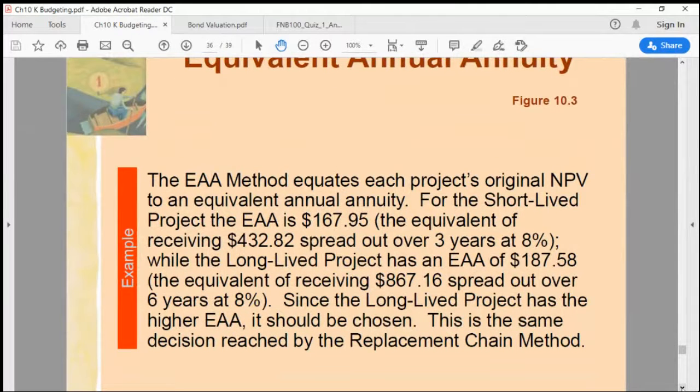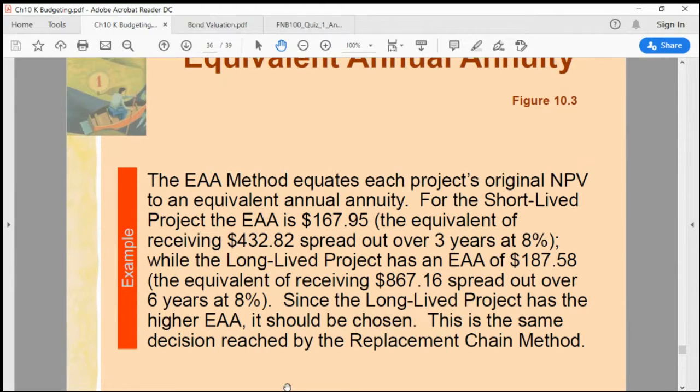So then, the equivalent annuity method equates each project's original net present value to an equivalent annual annuity, right? In other words, the net present value of project A, which is like 432, and the net present value of the longer-lived project, 867, you use this as the present value of an annuity, right?